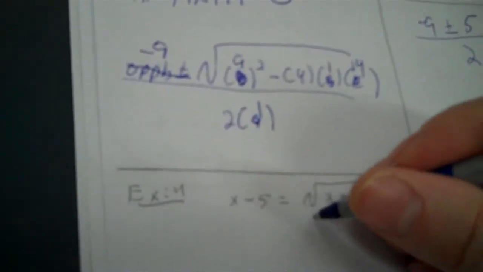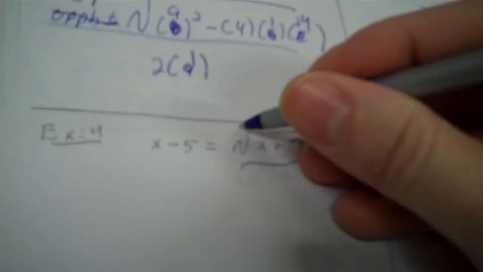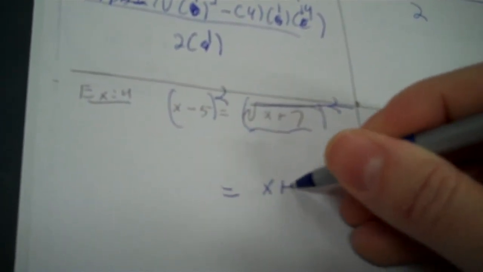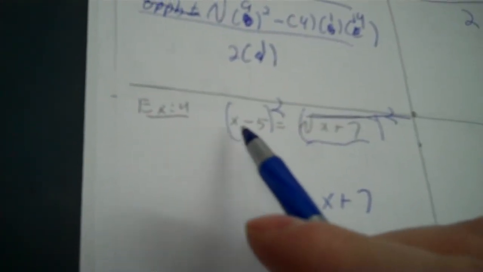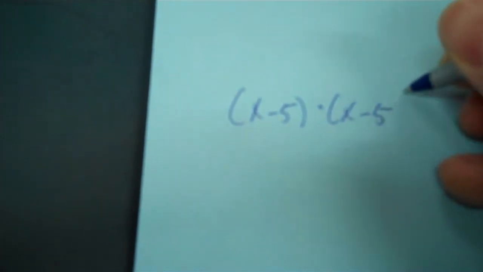Okay, example 4, last one. So square it and square it. Remember, this side's the one where you get to just write down x plus 7, but you don't get to do that on the other side because there's no radical to cancel out the 2. So we have x minus 5 times x minus 5.